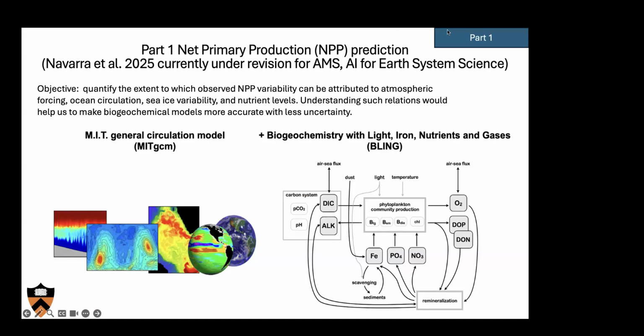In this case, it has 8 tracers. It's essentially a simplified version of COBALT, which has 33 tracers. Here we have DIC, alkalinity, iron, phosphate, nitrate, oxygen, and the dissolved organic phosphate and nitrate, so 8 in total. This is what I've used.